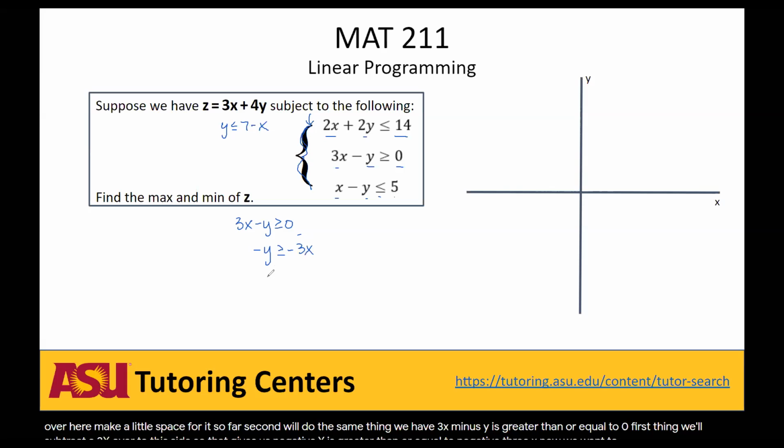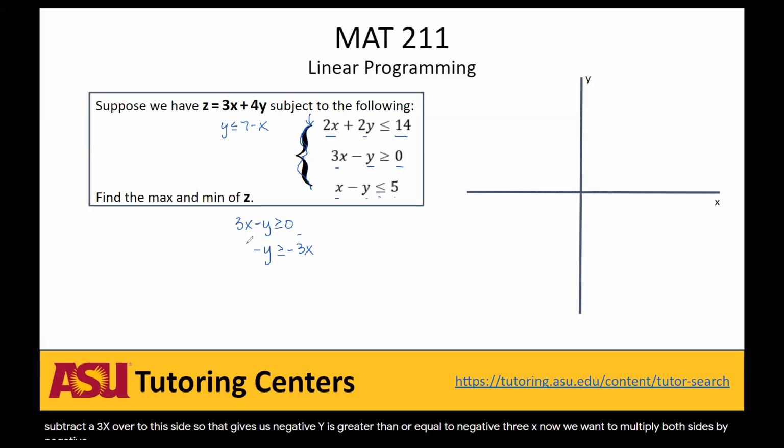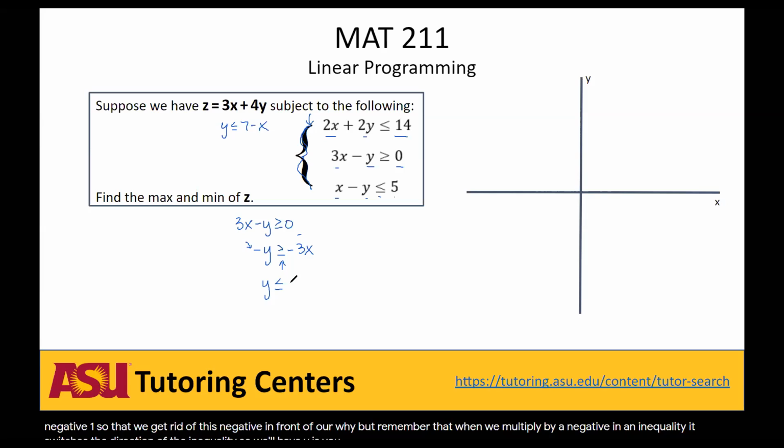Now we want to multiply both sides by -1 so that we get rid of this negative in front of our y. But remember that when we multiply by a negative in an inequality, it switches the direction of the inequality. So we'll have y is less than or equal to 3x for this one.